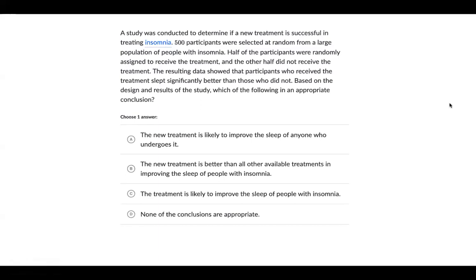All right, it looks like most of you have got this right. Do you guys want me to explain why? The answer is C. And it seems like almost all of you have got it right. Do you want an explanation, or just move on?